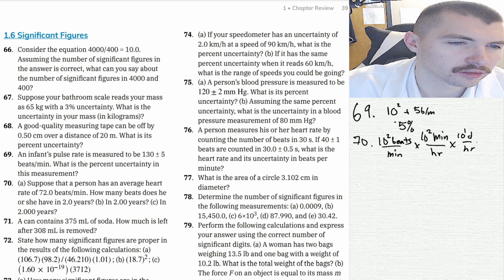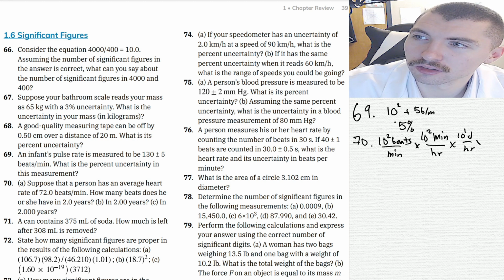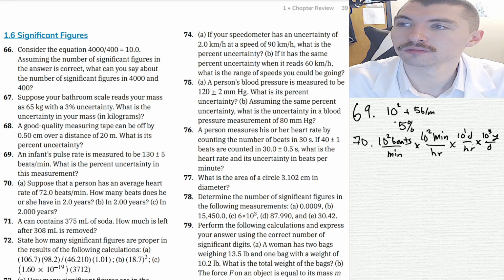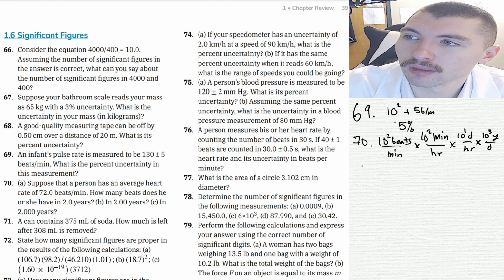And 2 years, so times 10 to the 3 days in a year, about 365.